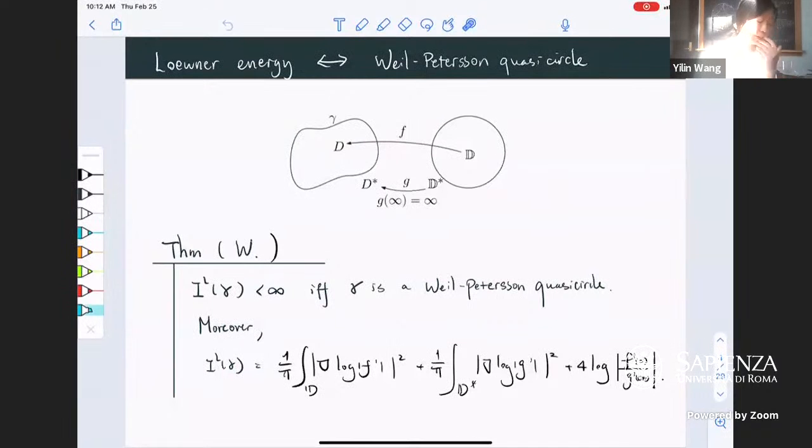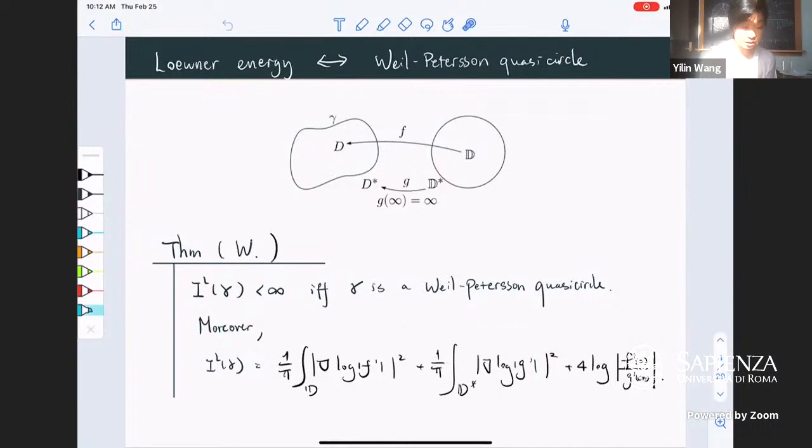I just want to emphasize it's quite a remarkable result, because the left-hand side is defined as the Dirichlet energy of a driving function, which comes from the Loewner transform, where you have to consider a lot of conformal maps at the same time in order to tell what the driving function of this loop is, and then take the Dirichlet energy of that.